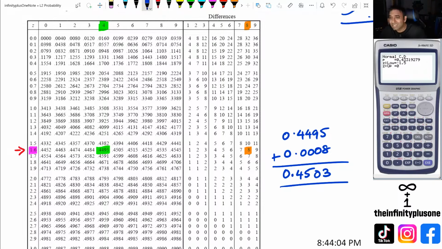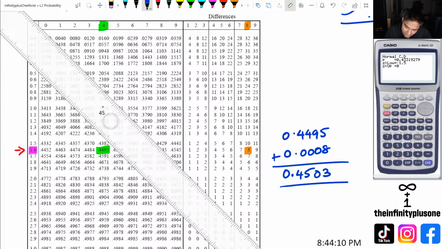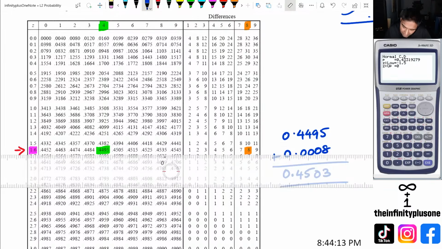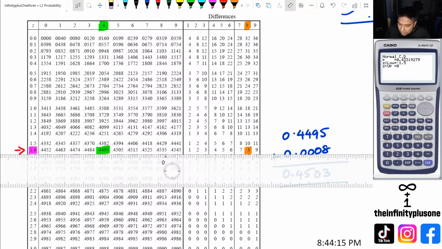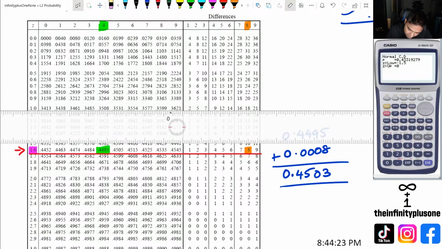Now, as you can see, that is quite tedious. It is quite annoying. I would strongly recommend using this. So whenever you want to find something like this, like where you're finding 1.645, I would literally just draw a line like this, just so that I don't mess it up.